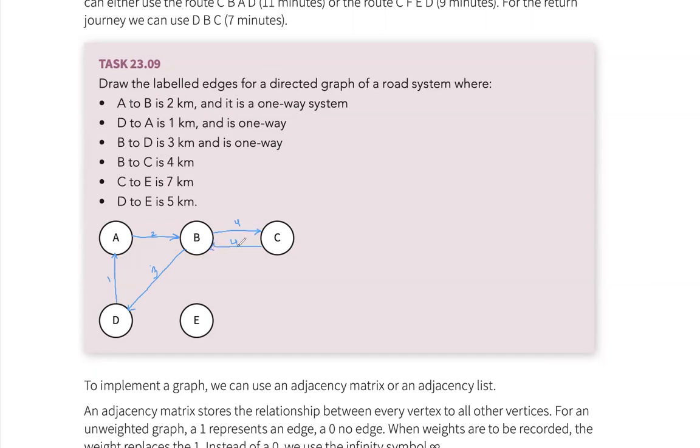So even if, for example, we don't add the second arrow, since it has not specified whether it's one way or not, even if we add an undirected line, simply saying the edge is 4, that should also suffice. For example, now it says C to E is 7 kilometers.